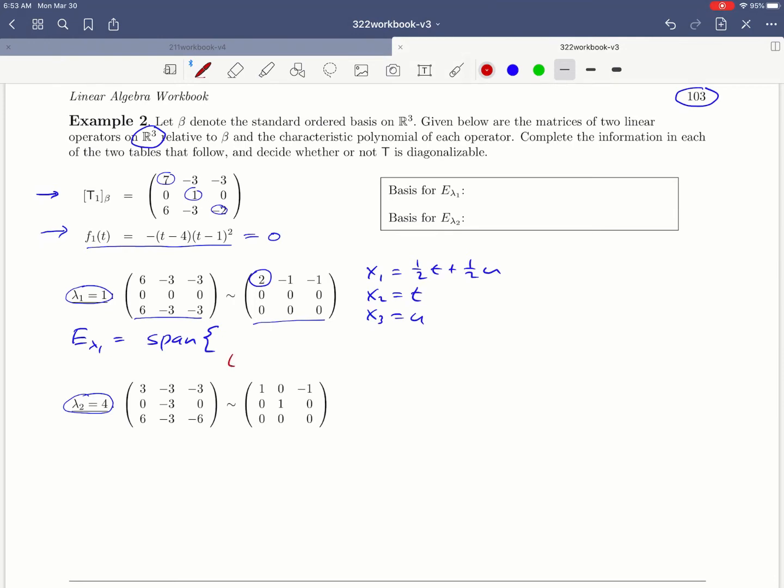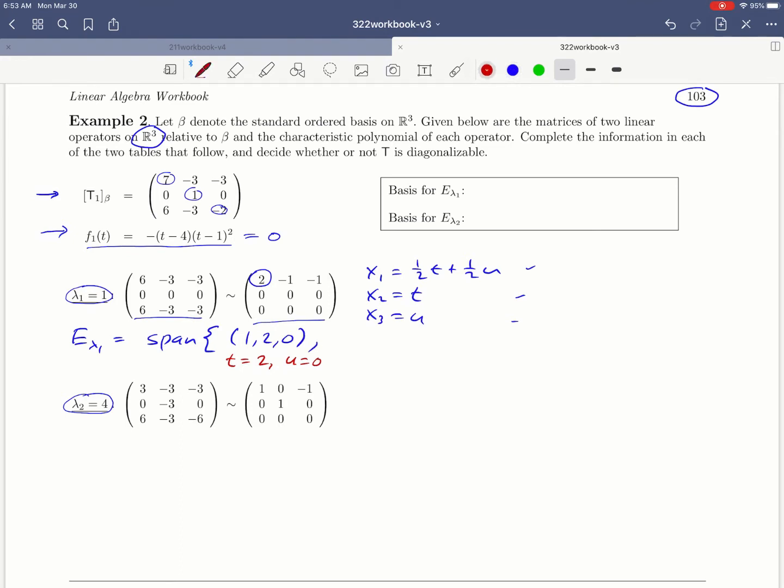So we might start by letting t be 2 and u be 0. Why did we choose 2? It's a way of getting rid of that 1/2 that you see. If you make those two choices for your free variables and substitute into x1, x2, and x3, you're going to get an eigenvector that looks like 1, 2, 0. You can confirm my calculations there.